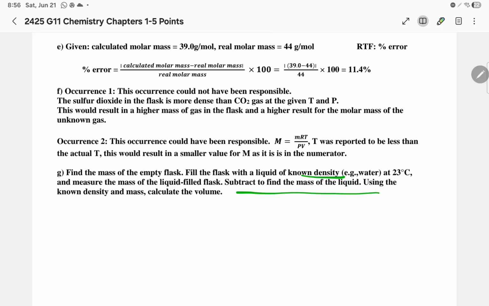You'd fill up the entire flask, subtract to get the mass of the liquid, and then use density to calculate the volume. Or you could also get a known volume of liquid, pour it, and then find out how much liquid you put, because the liquid is going to take up the container, fill it up. Both work. Here they just took the masses and used density to find the volume.